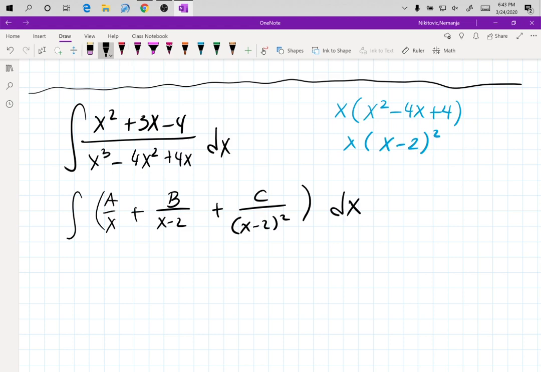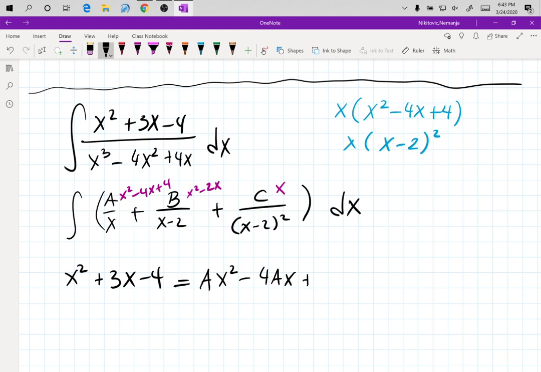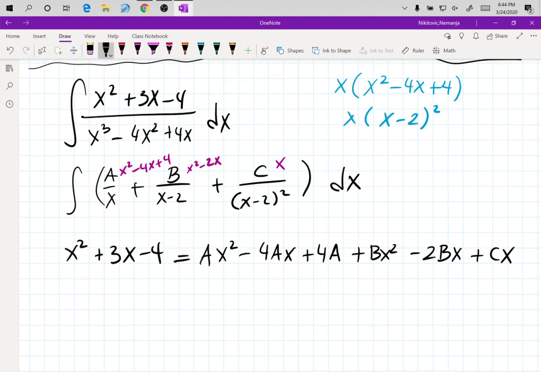All right, so what do we have? A needs to be multiplied by x squared minus 4x plus 4. b needs to be multiplied by x squared minus 2x, and c needs to be multiplied by x. x squared plus 3x minus 4 equals ax squared minus 4ax plus 4a plus bx squared minus 2bx plus cx.